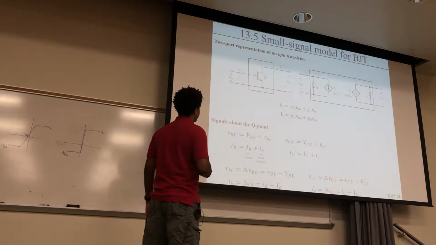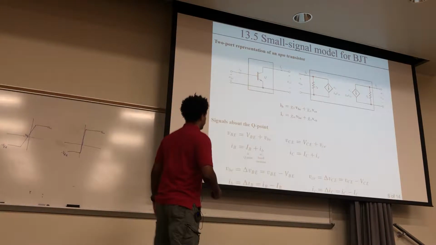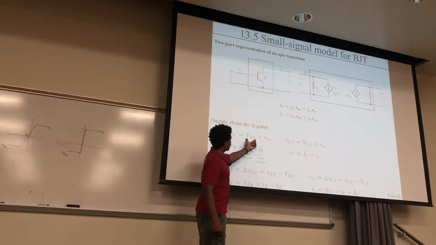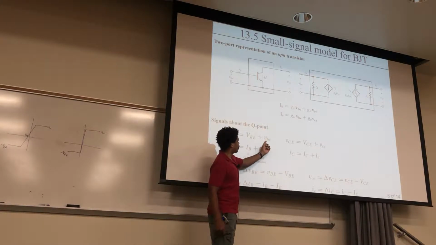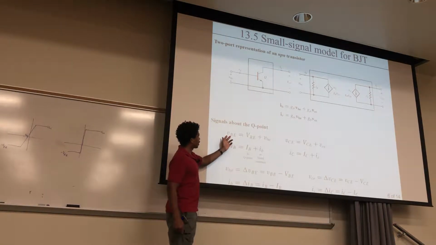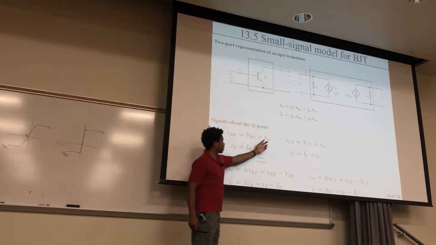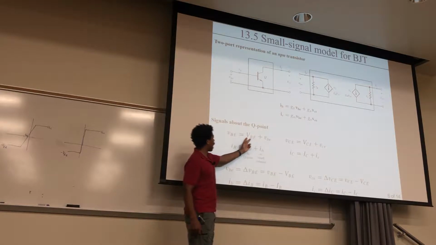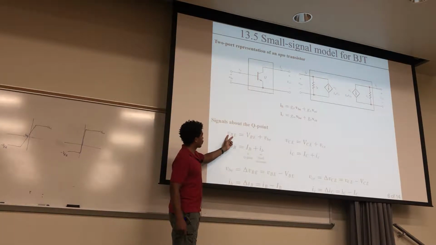For the signals about the Q point, as we discussed last time, when you have everything in capital, that is the DC for the Q point. And here's the perturbation around that Q point, typically sinusoidal, and here's the sum of those. So the small signal is all lowercase, the DC all capitals, and the combination of the two is lowercase with capital subscript.